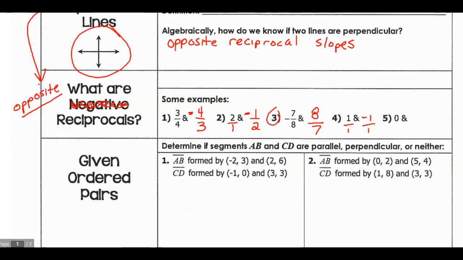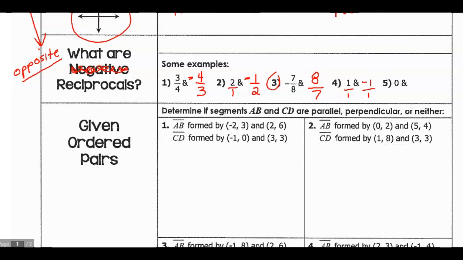On to some examples for today. What we have to do with these, you're going to get some practice with your slopes. If we are given two ordered pairs, x1, y1, and x2, y2, remember, to calculate slope, you have to do y2 minus y1 over x2 minus x1.